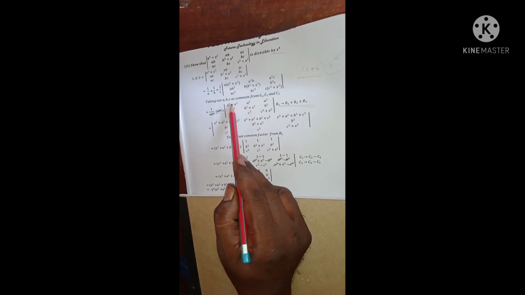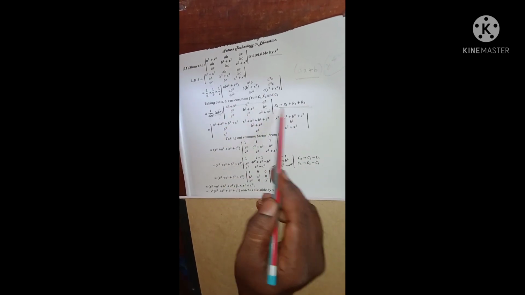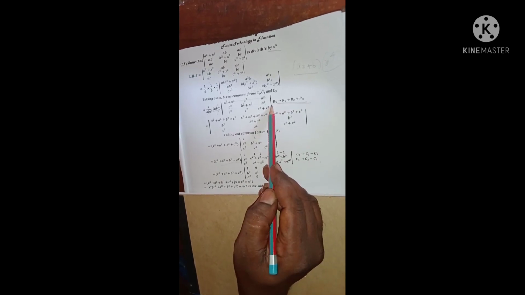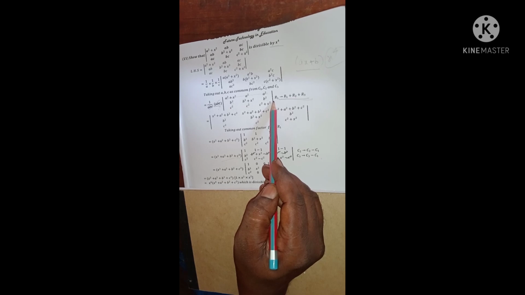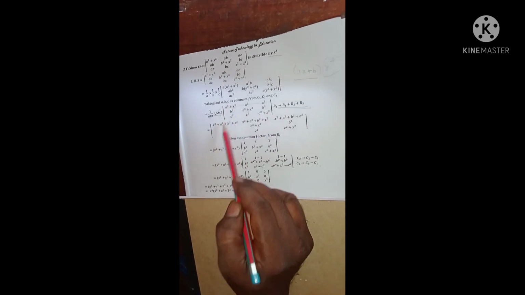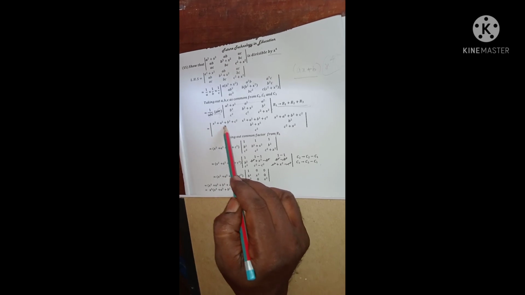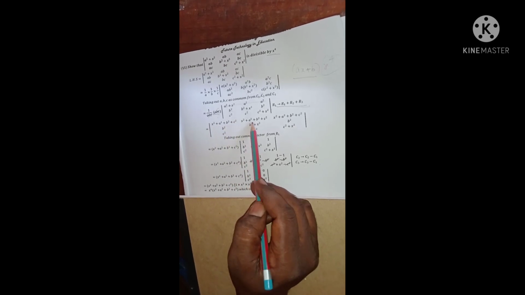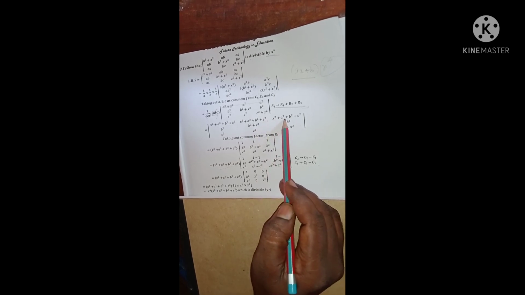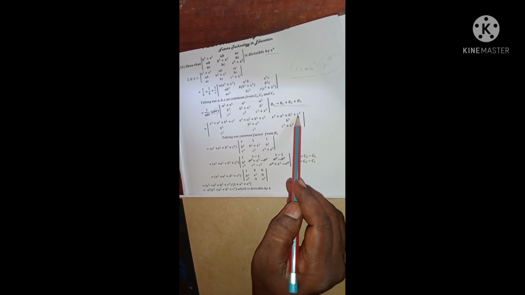Now we add all the rows, R1 plus R2 plus R3, and put the answer in R1. Adding these three rows, we get x square plus a square plus b square plus c square in every entry of the first row.